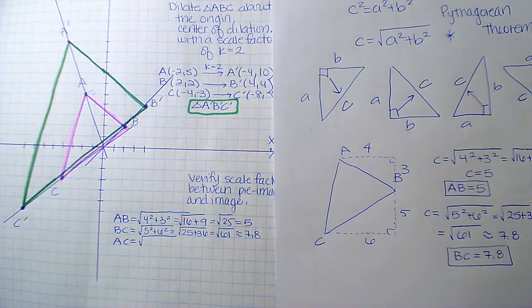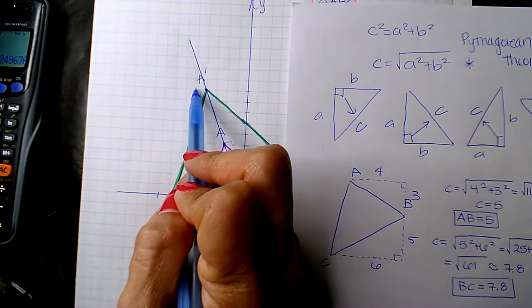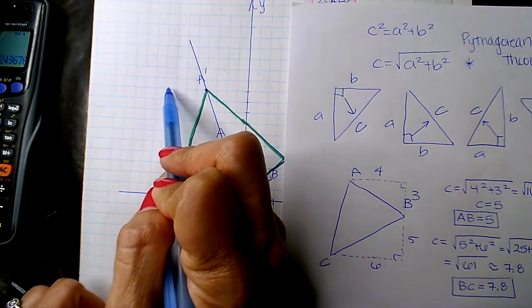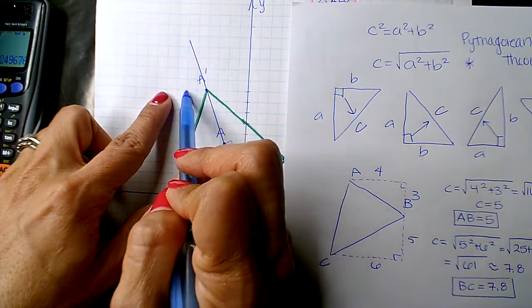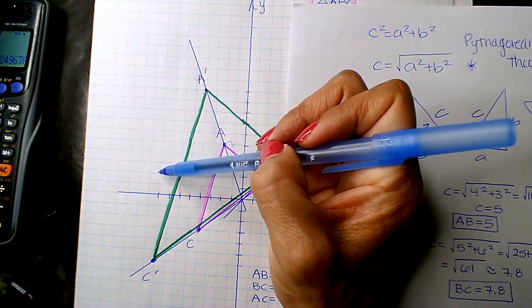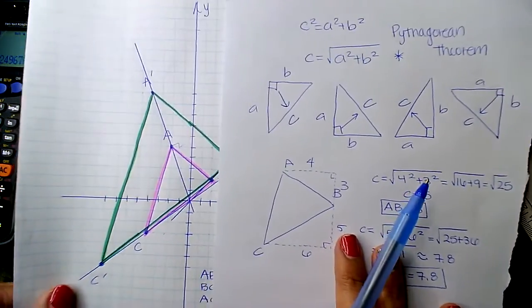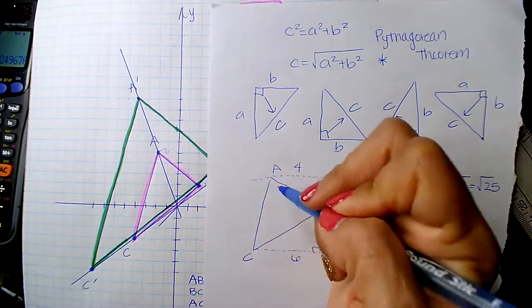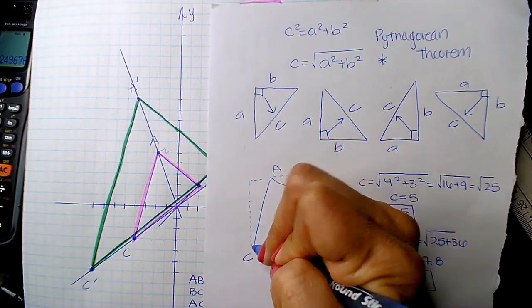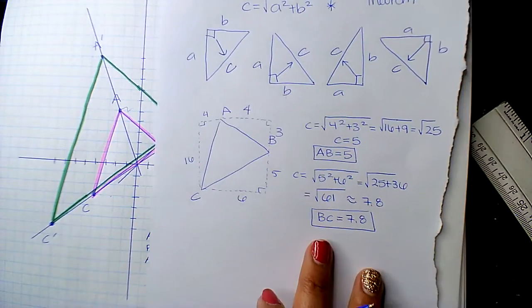All right, so AC, let's count. 1, 2, 3, 4. And then 1, 2, 3, 4, 5, 6, 7, 8, 9, 10, 11, 12, 13, 14, 15, 16. So 4 by 16. That's supposed to be right.